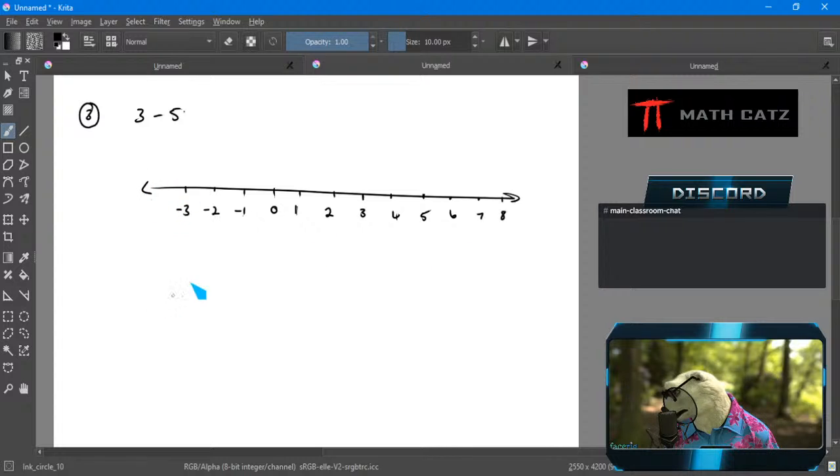That's totally fine. They're worried about things like that. How do I know how many numbers to mark off? Don't worry about it. You have infinite space. The numbers never stop. All right, so I stand at my first number. Now the instructions are to subtract.